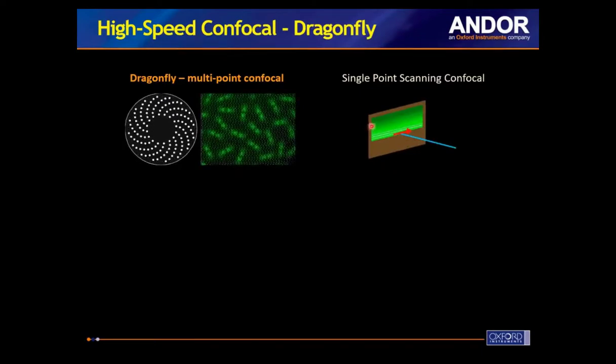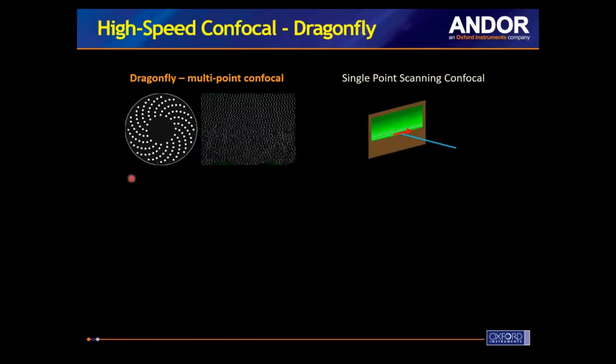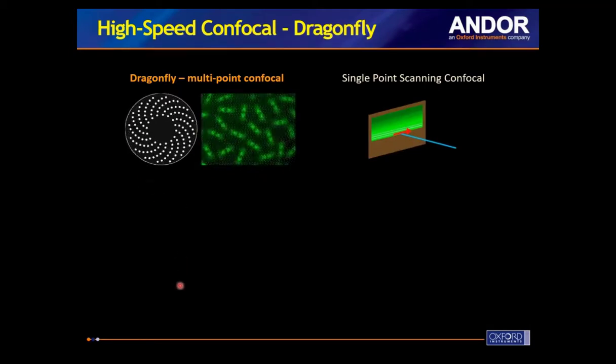Single point scanning confocal will scan the image point by point by point, and this, as you can see, is a very long-lasting process, whereas the Dragonfly multi-point confocal will deliver the image in an instant.